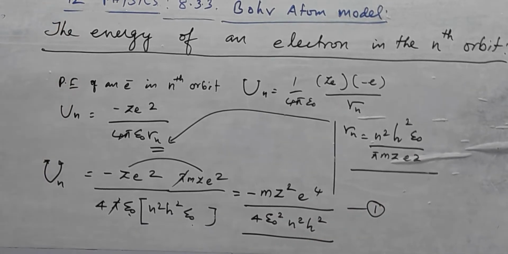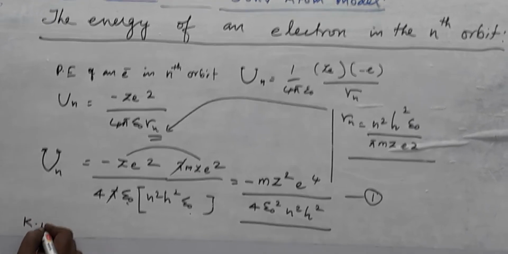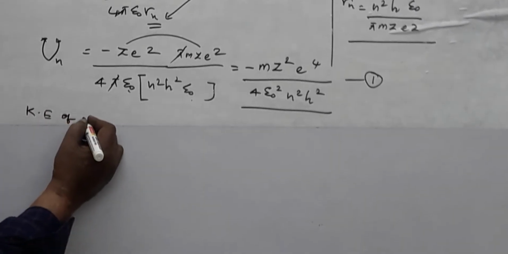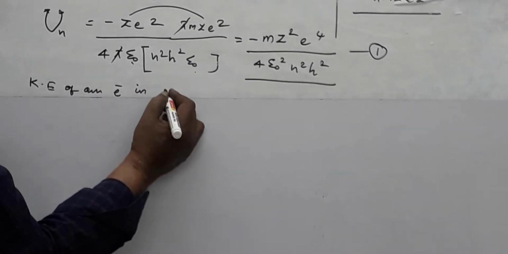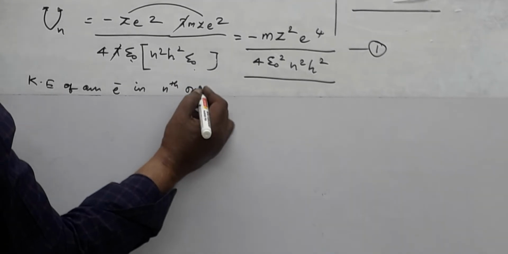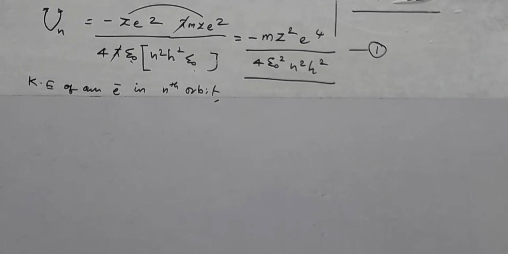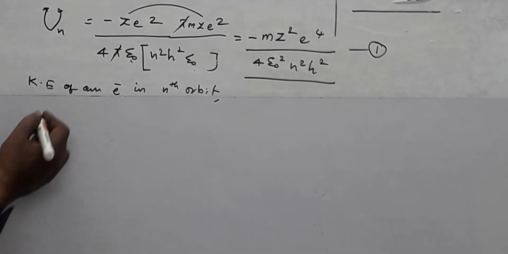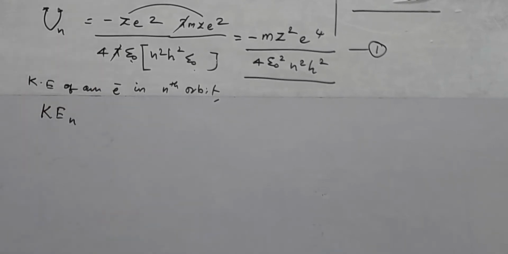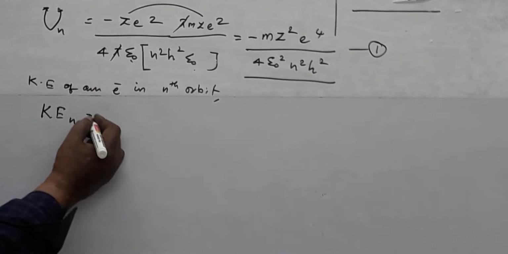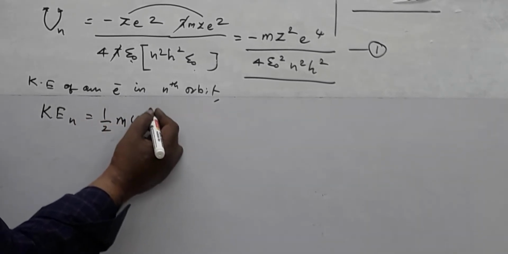Now we have to find the kinetic energy. The kinetic energy of an electron in the nth orbit is half m v square, here vn square.